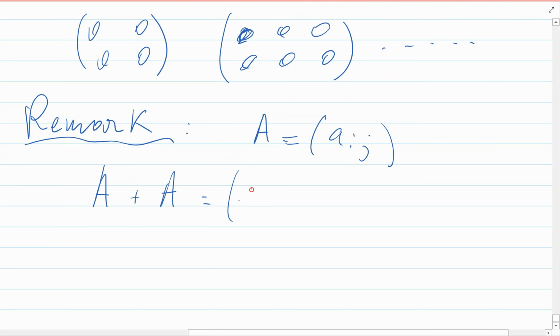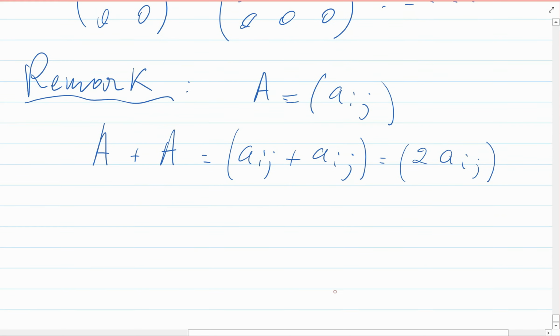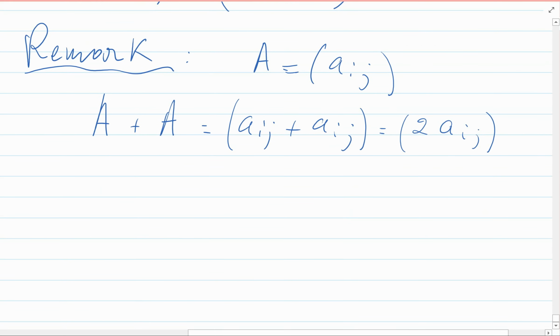So this will be Aij plus Aij. But we know from real numbers that if you add the same number, it's like multiplying by 2. So A plus A is like 2 times A. We are multiplying the matrix A by the number 2.